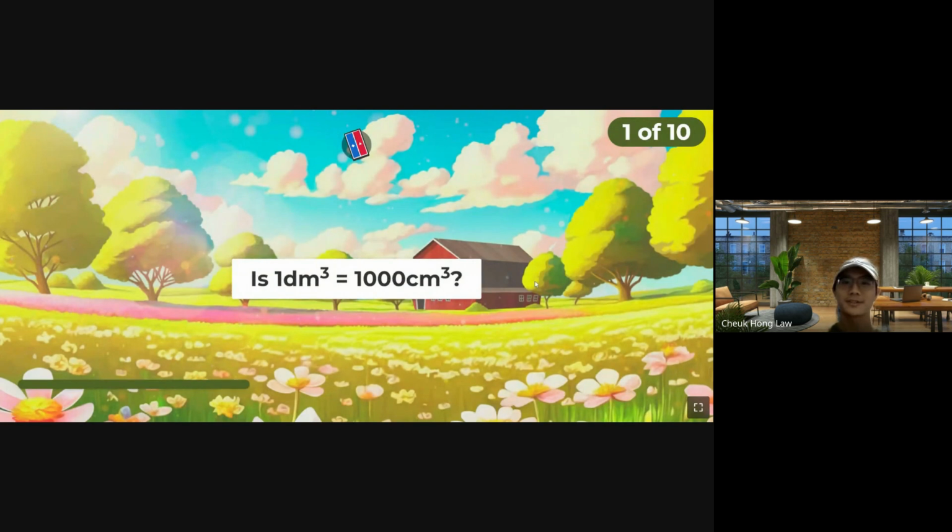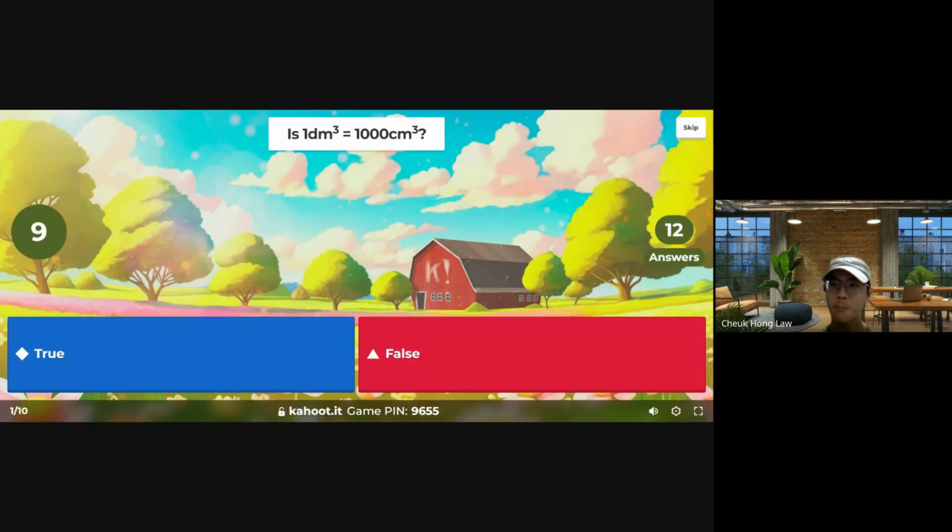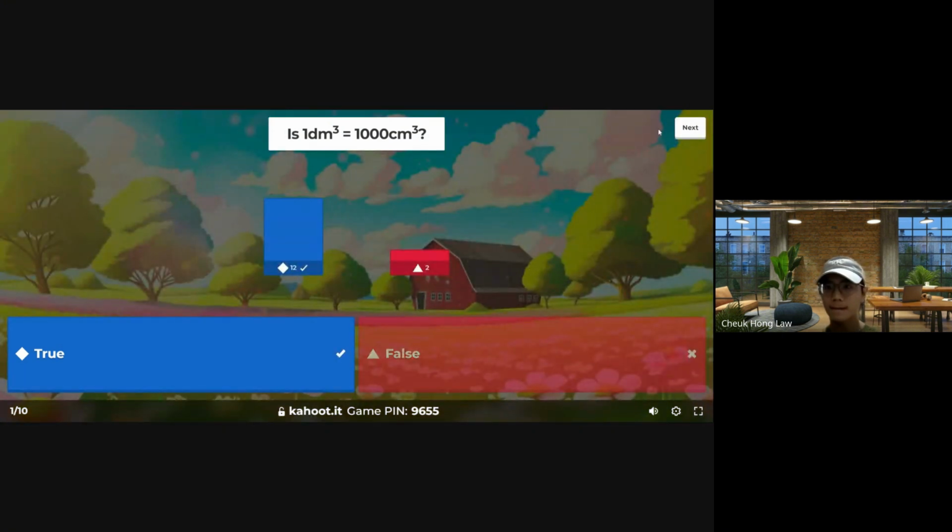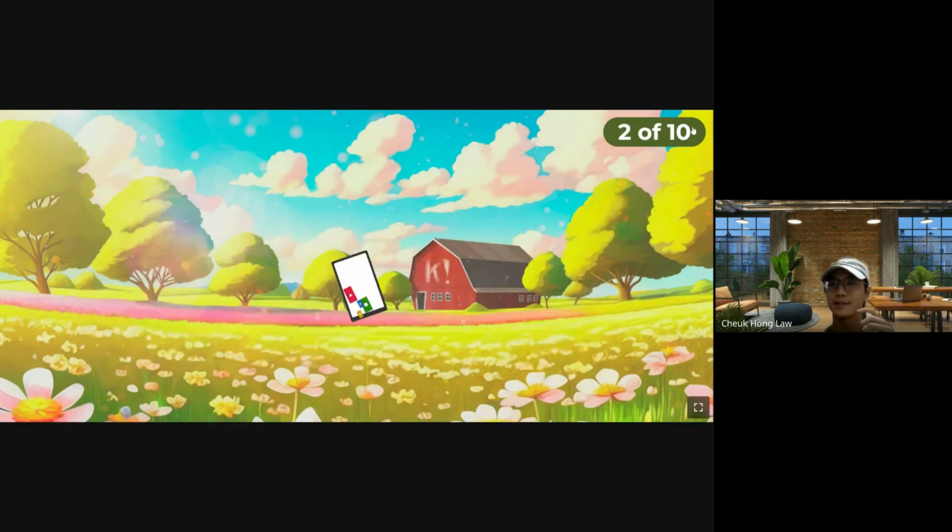True or false? Okay, so 12 people mostly got it correct. So 1 dm cube equals 1000 cm cube. Okay, so the first question is just a test.